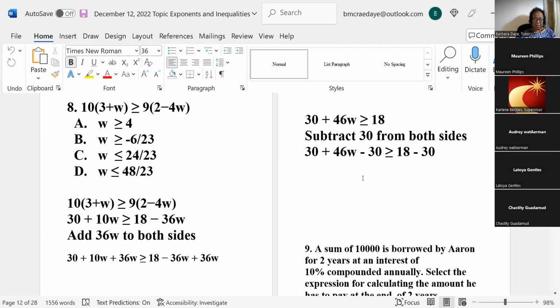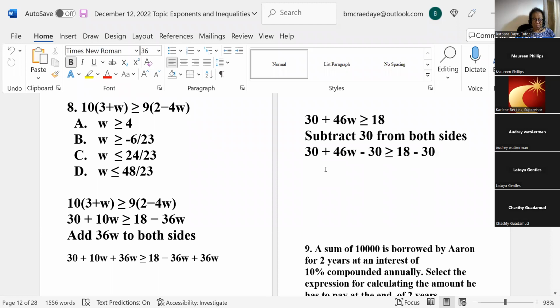So what's left on this side after I do that calculation? Maureen, this is a plus 30 and a minus 30. What does a plus 30 and minus 30 give you? 0. That's right. So what's the expression on the left side now?